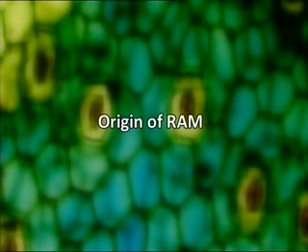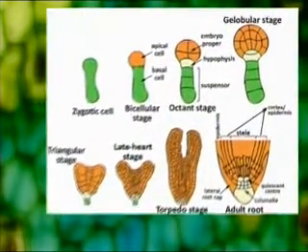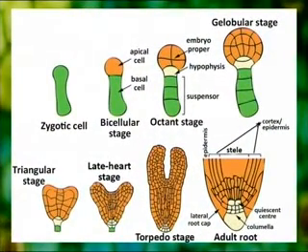Now, origin of RAM. The origins of RAM can be traced back to the very first cell division in the plant embryo, when the elongated zygote divides asymmetrically to produce a small apical cell which gives rise to most of the embryo and a large basal cell which forms the basal part of the embryo and the suspensor.